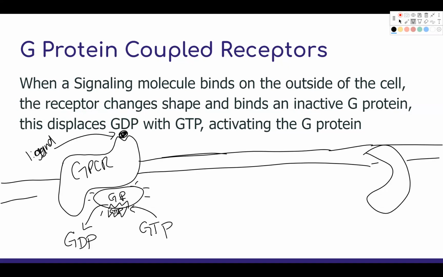This G protein now has a GTP. That means it's active, it's excited, it has energy. GTP has more energy than GDP.